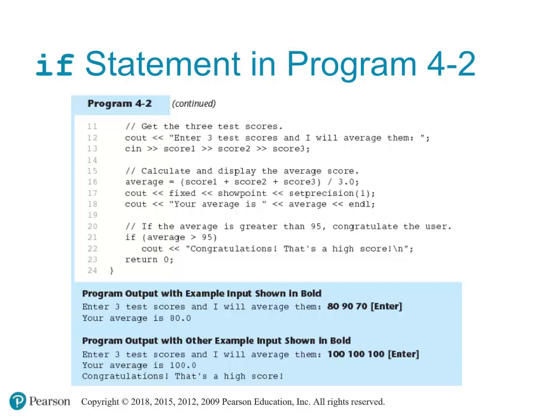Fixed, showpoint, and setprecision(1) are used to format the average to 1 decimal place. An if statement checks if the average is greater than 95, and if so, congratulates the user. So this program demonstrates user input, arithmetic operations, output formatting, and a conditional statement.